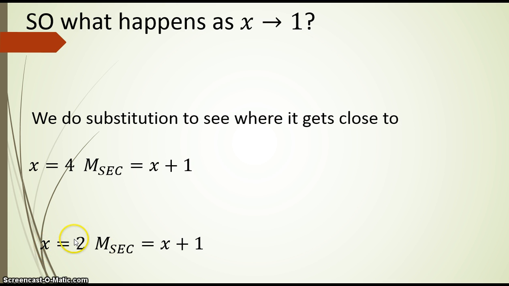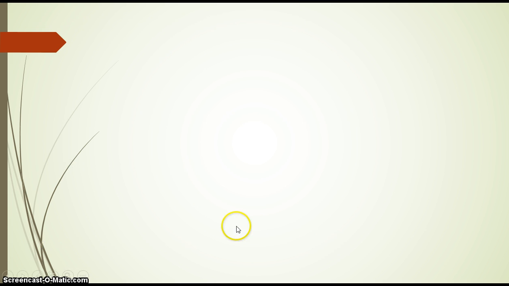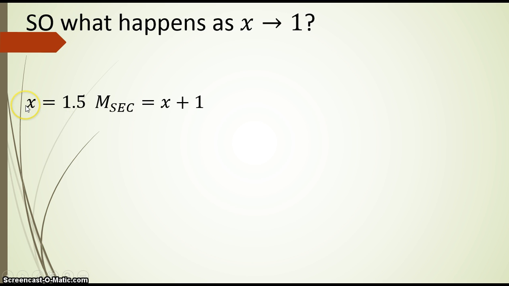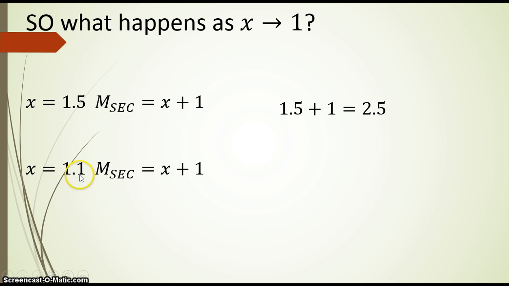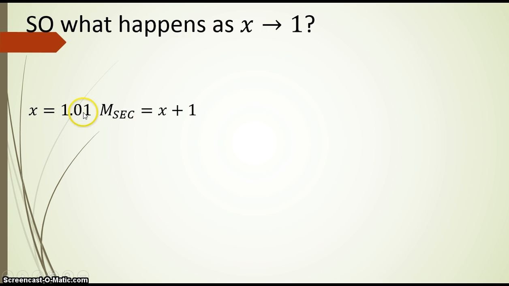If I plug in a 2, 2 plus 1 is 3. I'm just showing you what happens as it gets close to 1. If I plug in 1.5, 1.5 plus 1 is 2.5. If I plug in 1.1, I get 2.1. If I plug in 1.01, 1.01 plus 1 is 2.01.